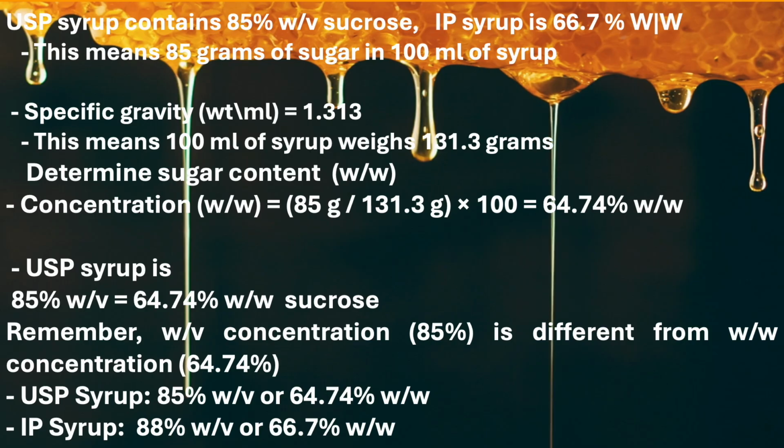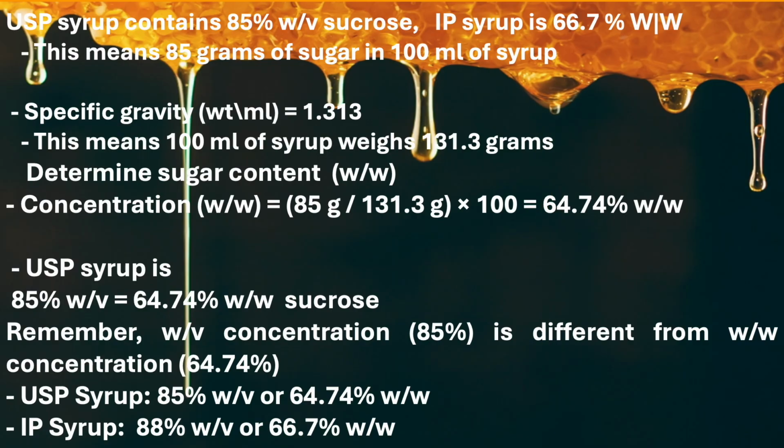That means 1 ml of the prepared syrup is equal to 1.313 gram, so 100 ml of the syrup has a total weight of 131.3 grams. So 131.3 grams contains 85 gram of sugar.